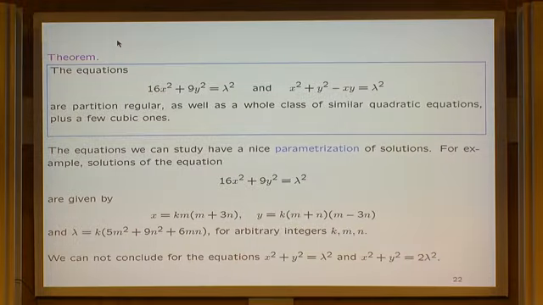So our results are the following. This is very strange, how this works for two equations. 16x squared plus 9y squared is a square. The other one is x squared plus y squared minus xy is a square. These equations are partition regular. We have a whole class, but I don't write it.